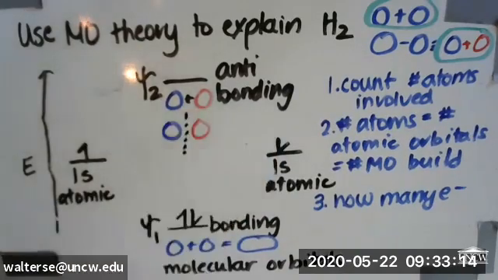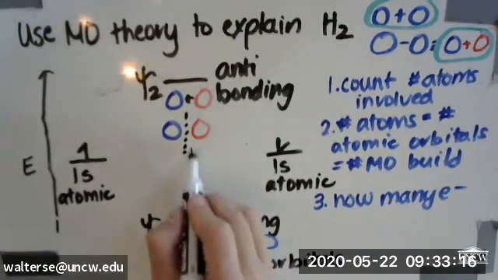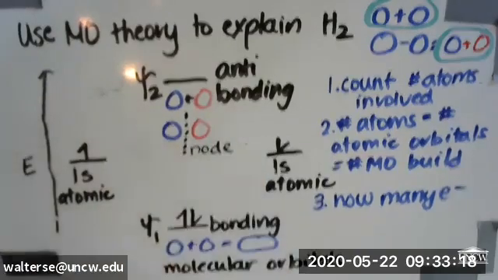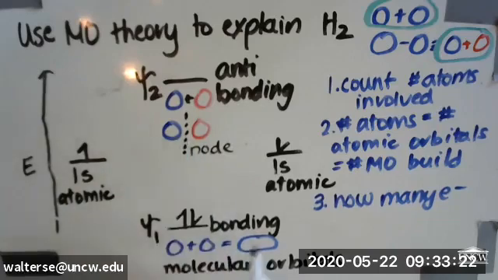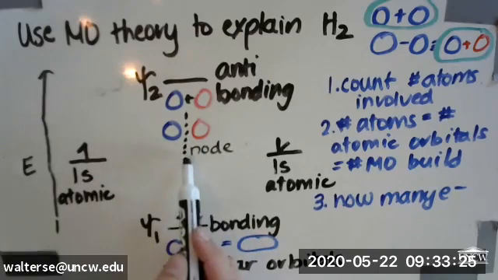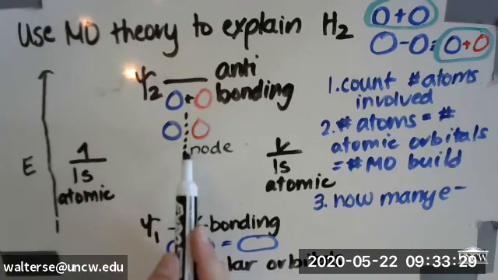There's going to be a gap. Okay, the gap is called a node. Okay, so the more nodes you have, this has 0 nodes, this has 1 node. The more nodes you have, the higher in energy the molecular orbital is.